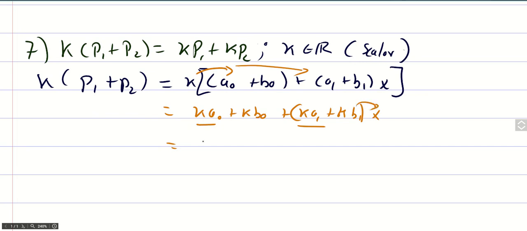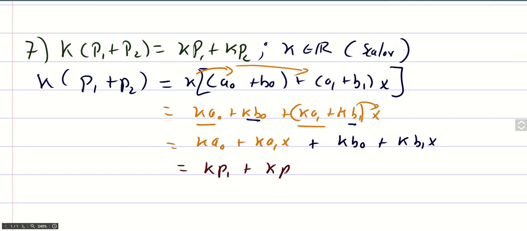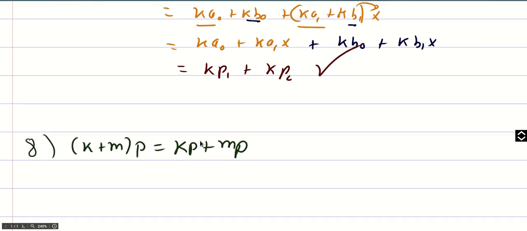So we can pick those elements that have a as a coefficient: k a0 plus k a1x, and the other elements that have the b coefficients: k b0 plus k b1x, and at the end this results in k p1 plus k p2. So yes, the axiom is satisfied in this case.